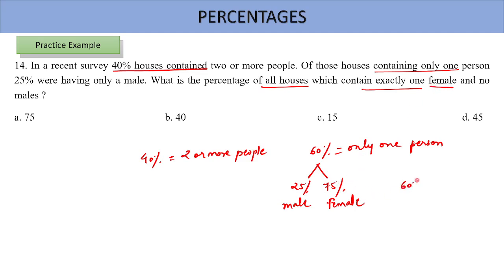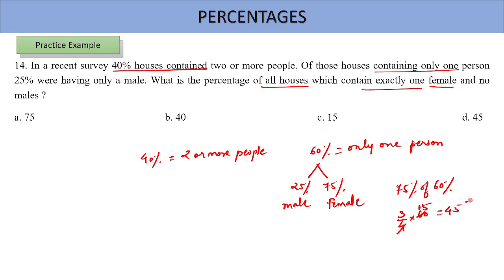So it is 75 percentage of 60%. You can write it as 3 by 4 into 60. It is 45.